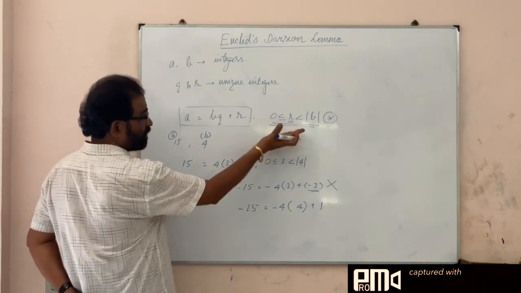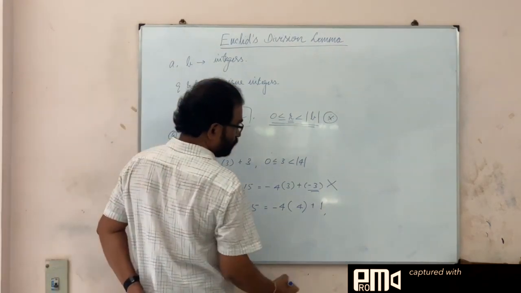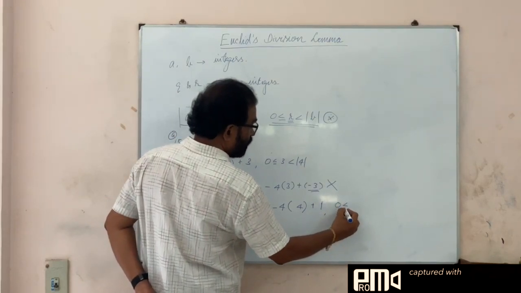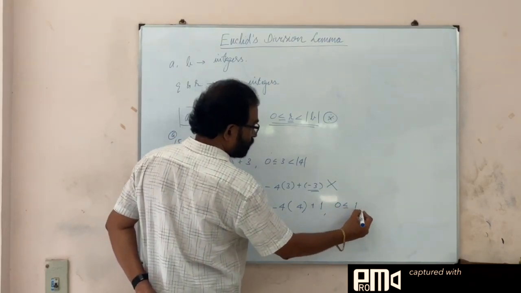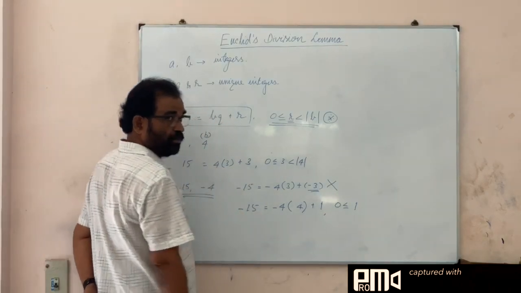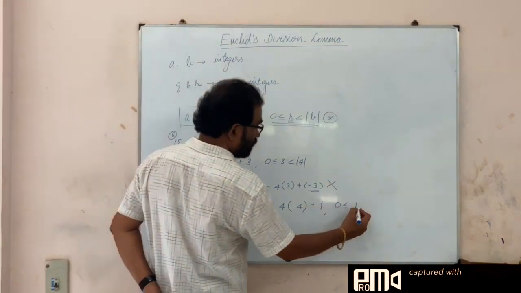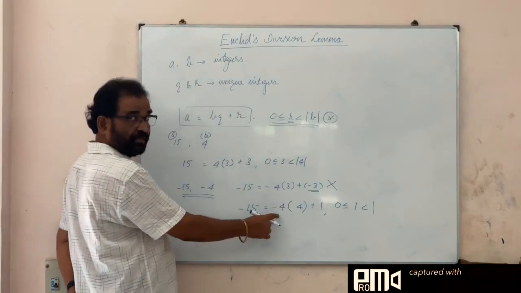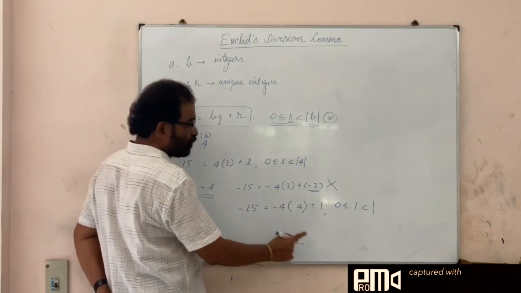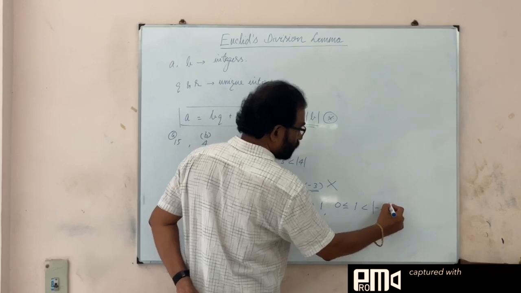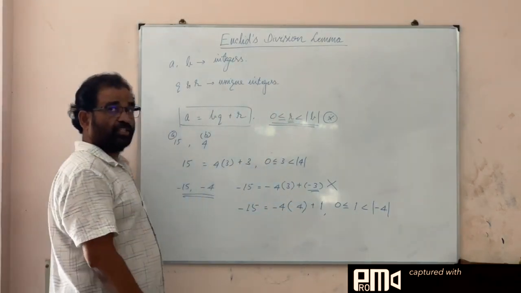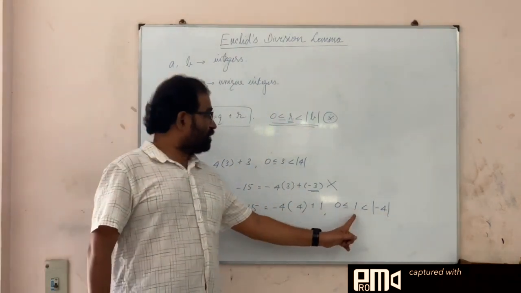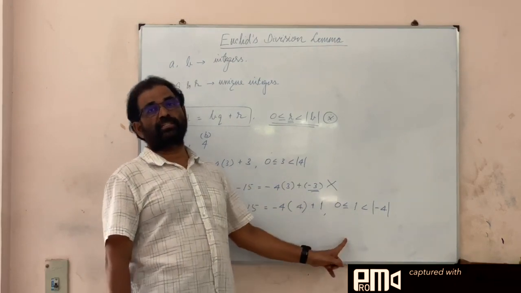Now let's see if the condition is satisfied. 0 is less than or equal to the remainder 1, and 1 is less than modulus of the divisor. The divisor is minus 4, and modulus of minus 4 is plus 4. So 1 is less than 4, and the condition is satisfied now.